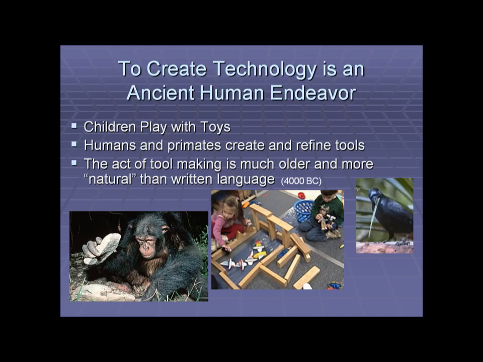So, to create technology is an ancient human endeavor. Here you may see in these photos children playing with toys, and humans and primates creating and refining tools. The act of tool making is much older and more natural than written language.